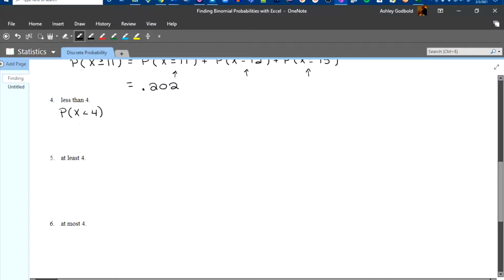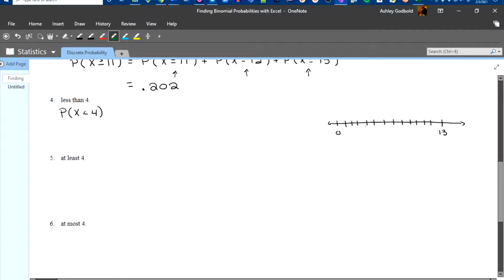Sometimes it helps to draw a diagram of what this represents. Remember, we're looking at a discrete probability distribution with 13 trials. So I could draw my little line, and I can do 0, 1, 2, 3, 4, 5, 6, 7, 8, 9, 10, 11, 12, 13. It's 13, here's 0, and all of my options are within here.